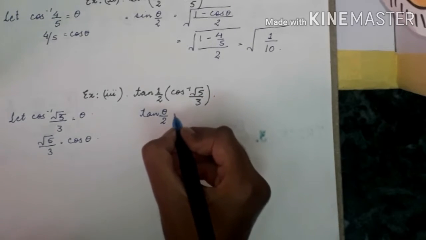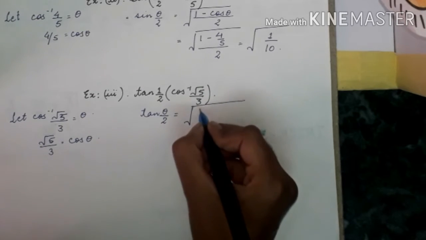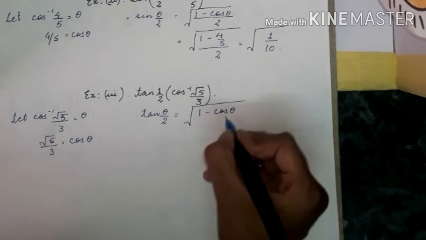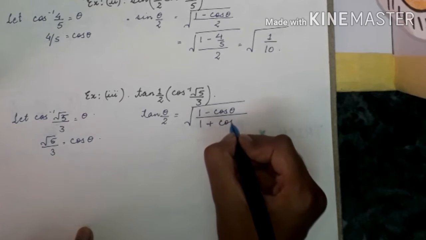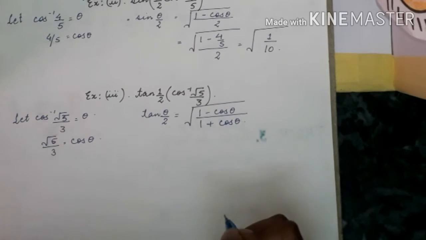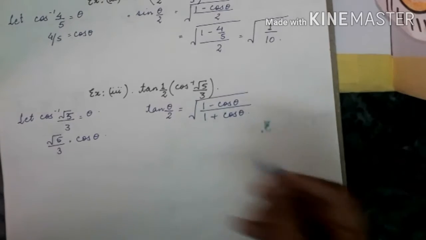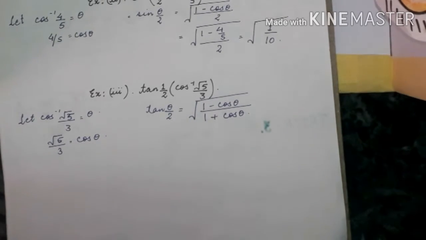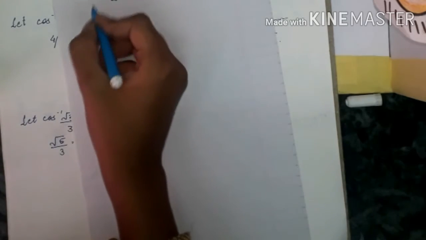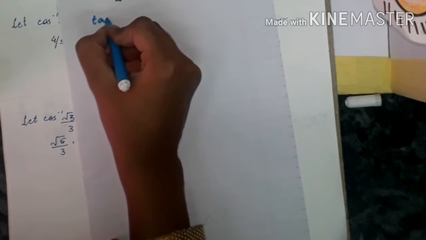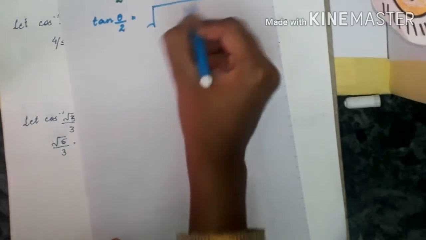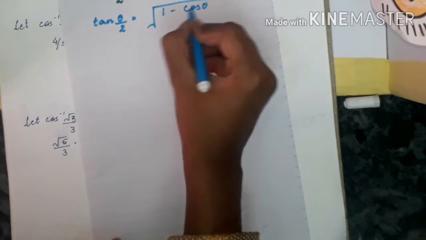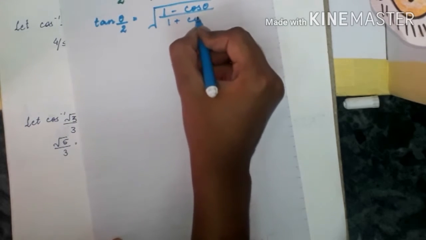So here the identity that you have to use is under root 1 minus cos theta upon 1 plus cos theta. See, cos theta is given, so you can use this identity. Just memorize all these identities. When cos theta is given and you have to find tan theta by 2, then the identity is under root 1 minus cos theta upon 1 plus cos theta.